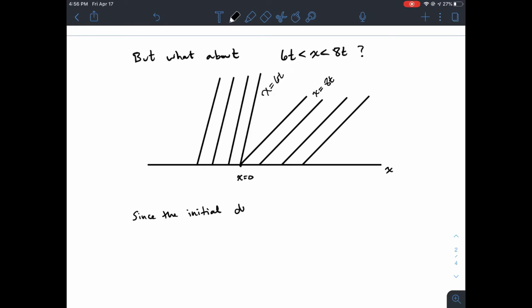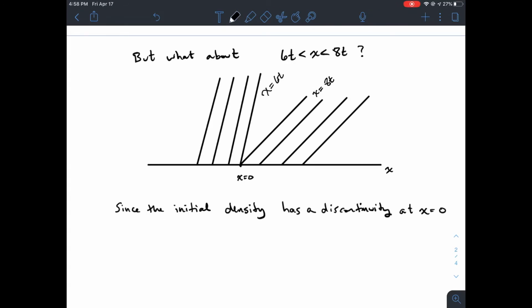So in between there, it's kind of weird to think about it, but really what this is called is an expansion wave, right? Because what's happening is that the distance is increasing between the two characteristics there as time goes on.